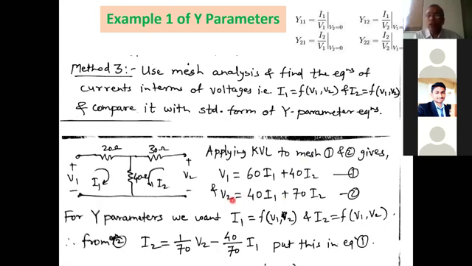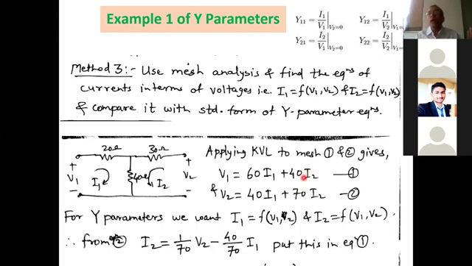So from this equation 2, now you can find the value of I1, so I1 in terms of V2 and I2. You substitute this value here and you can get this equation in terms of only I2, V1 and V2. Okay. From equation 2, you can find the value of I2 and substitute it in equation 1, so that you will get the equation of V2, I1 and I2.